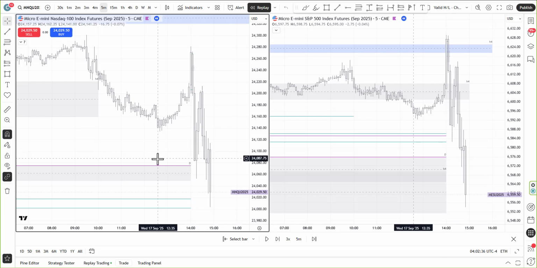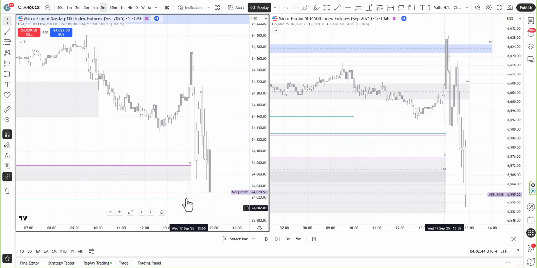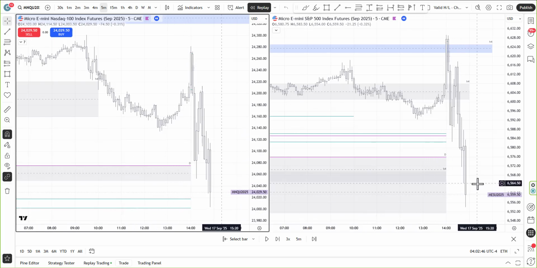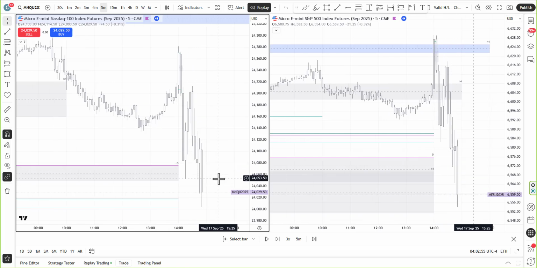And at this point, I also don't know if an SMT is relevant whatsoever, because all these lines were based upon divergences. So the only thing I was looking at now was price on the lower time frame.